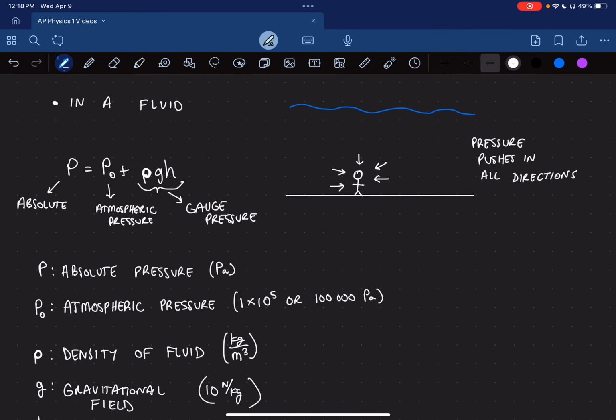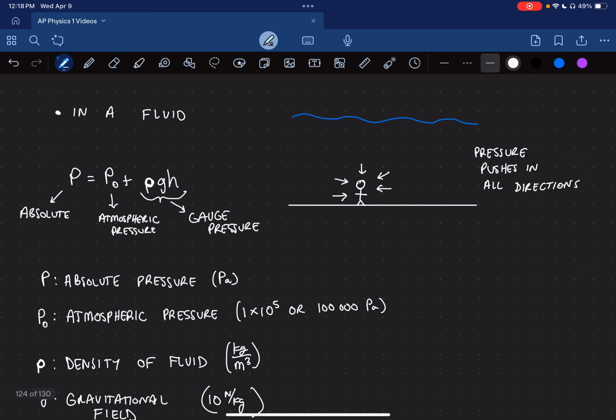Let's come down here to a fluid. Let's say you're in a swimming pool. The pressure that you feel at a depth is given by this equation here. Capital P is absolute pressure.